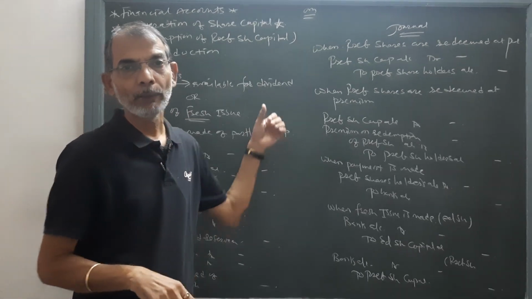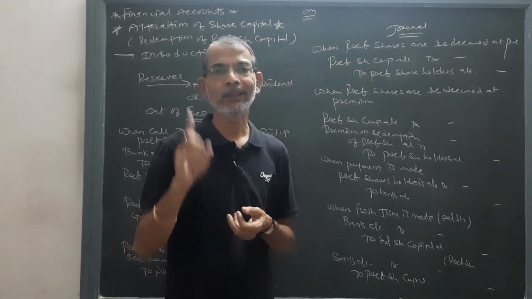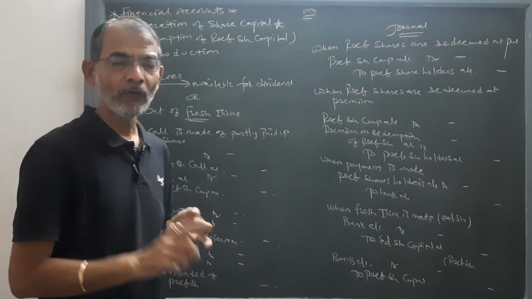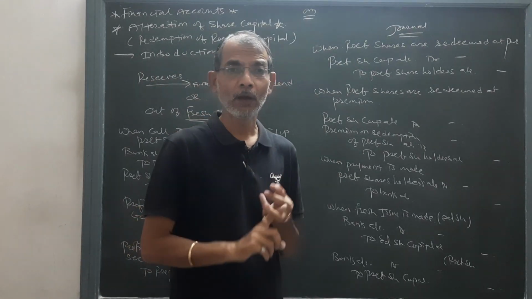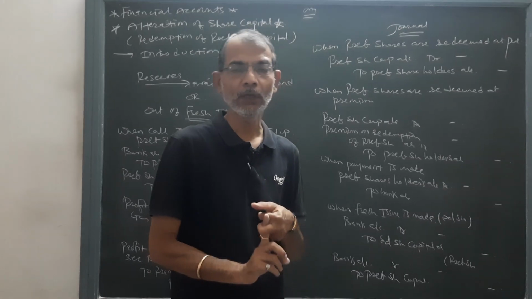The third point is that premium on redemption of preference shares account should be closed, and that out of securities premium, or when new shares are issued at premium, then that premium will be used.